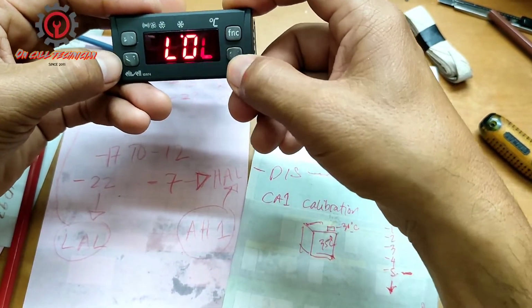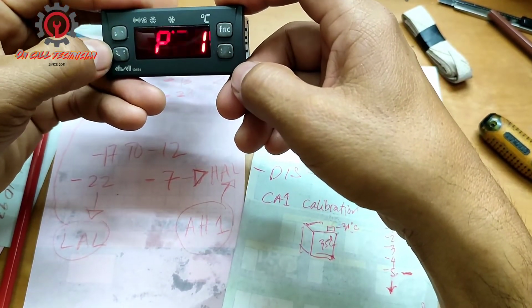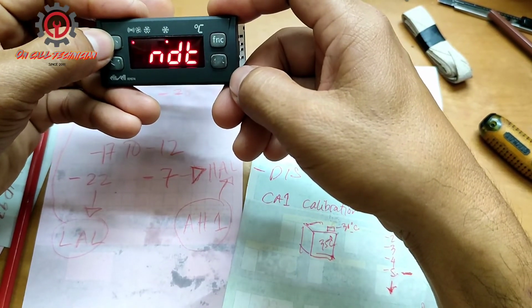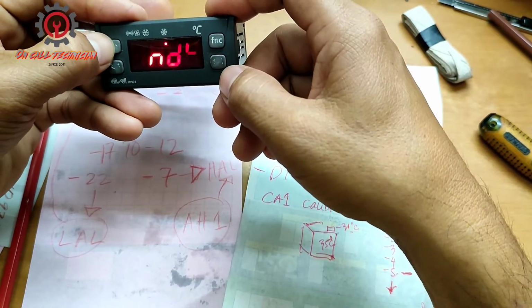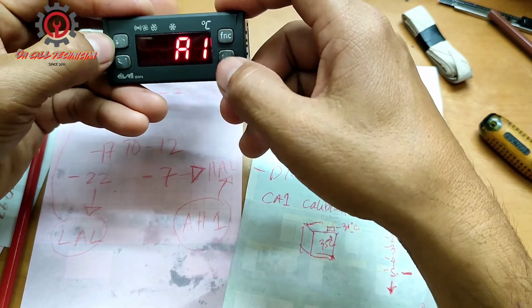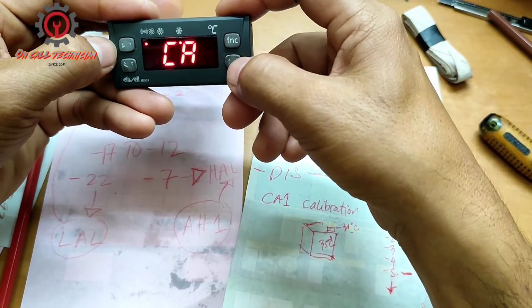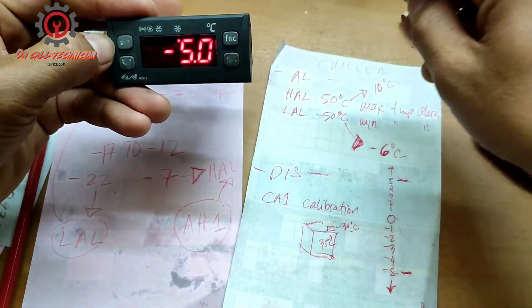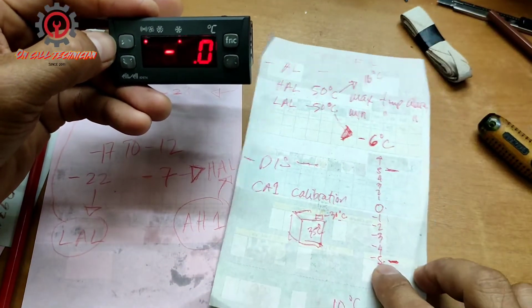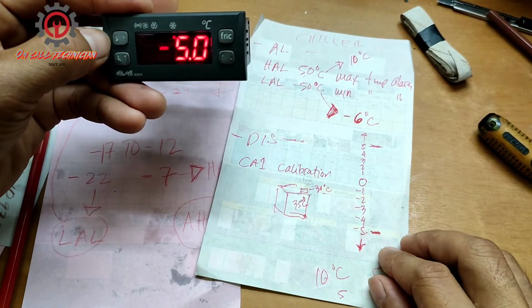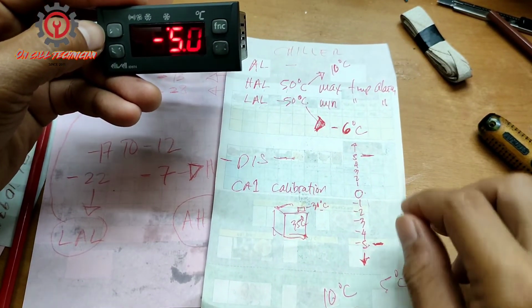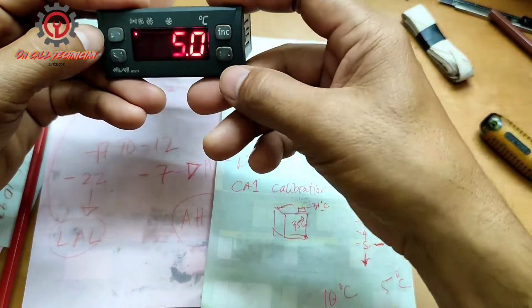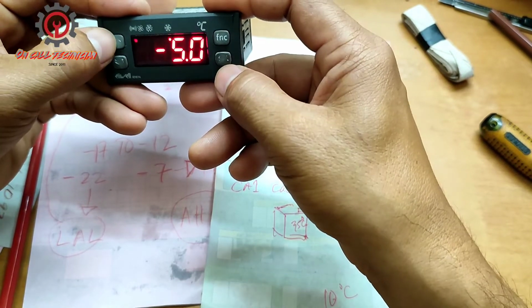Then P1, NDT, and CA, this is the calibration. CA1, press set, and I have a negative 5 setting here. So the discussion, guys, just watch my chiller setting for Eliwell ID974.